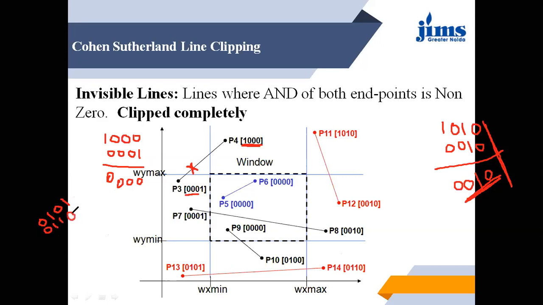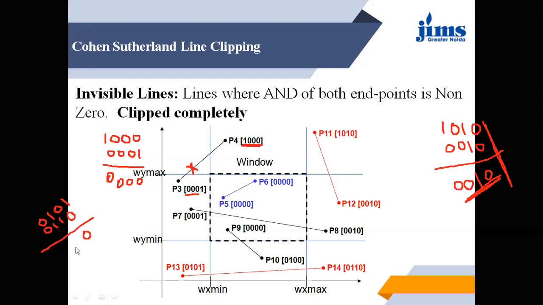And when we are performing the AND operation between these two numbers, then 1 and 0 is 0, 0 and 1 is 0, 1 and 1 is 1, and the last bit is also 0.